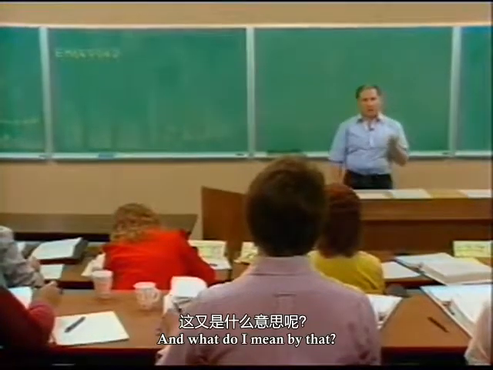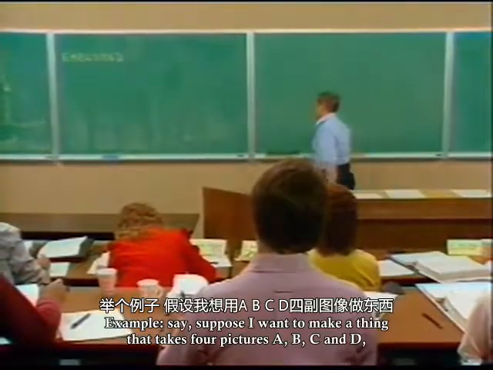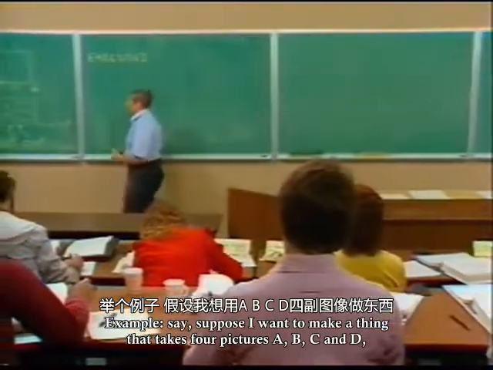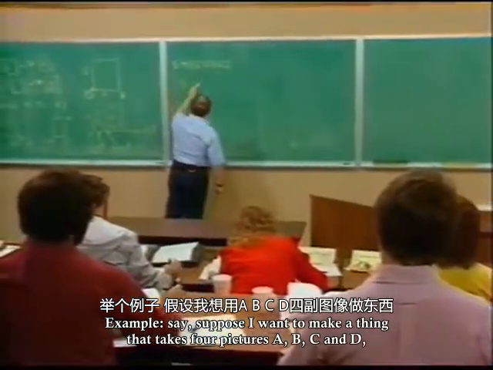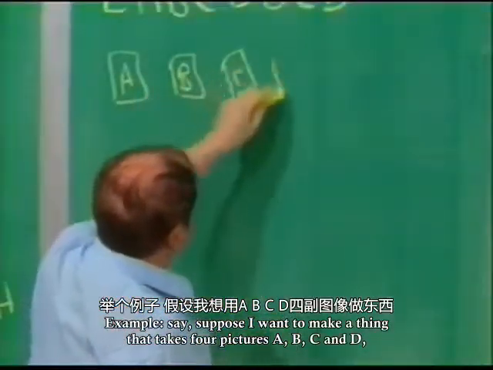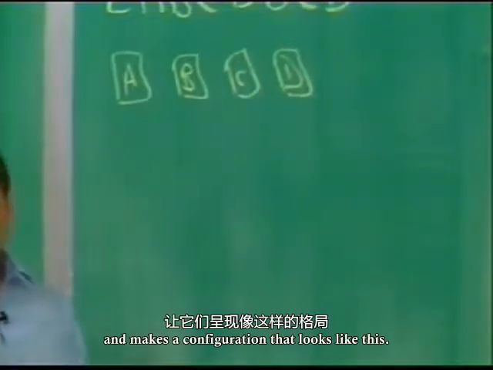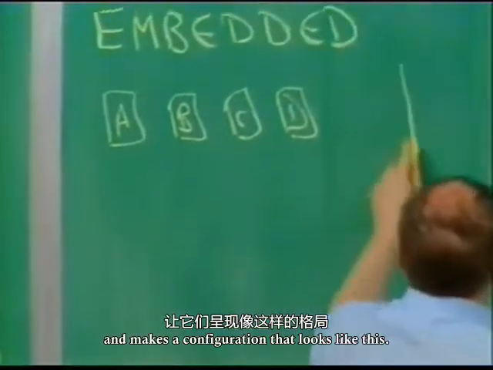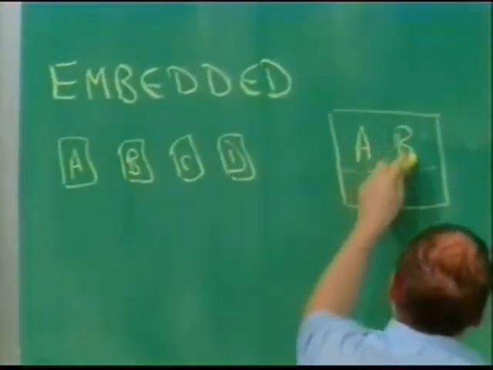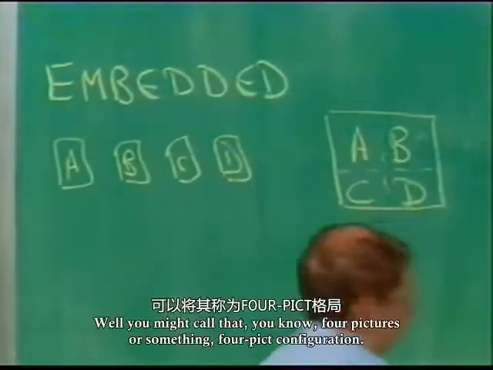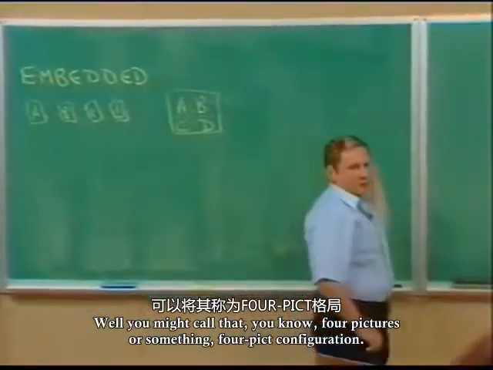Now, what do I mean by that? Example. Suppose I want to make a thing that takes 4 pictures, A, B, C, and D, and makes a configuration that looks like this. You might call that four-picture configuration or something.